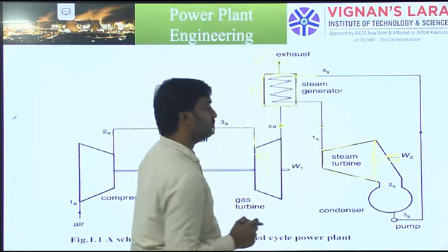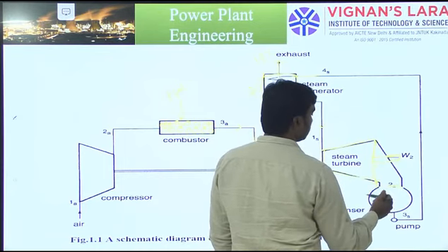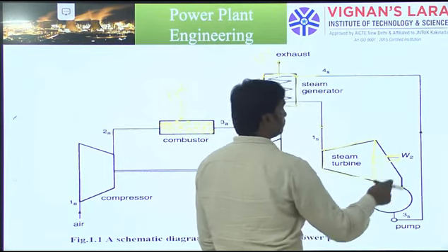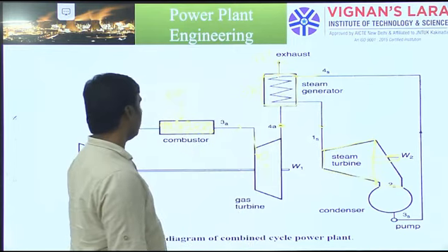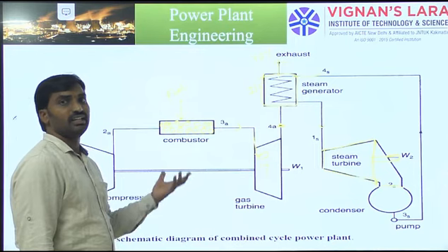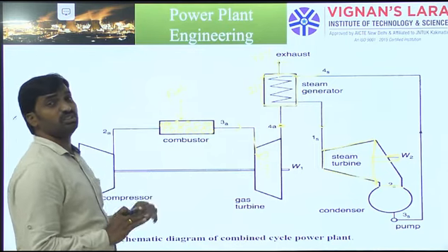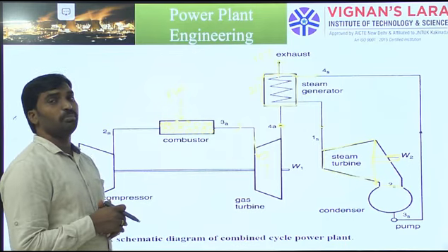And here one more component is there, that is the condenser. So this is the cyclic diagram, a schematic diagram of a combined cycle power plant. These are the working procedures of a combined cycle power plant.